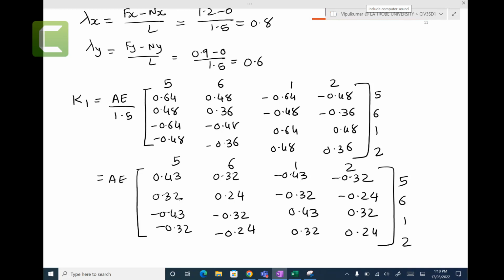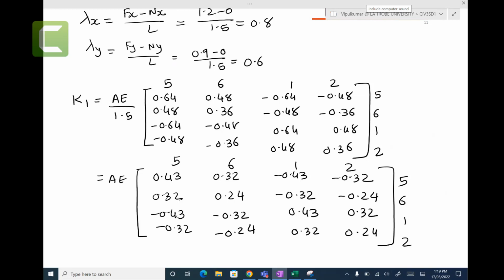But I know from the lectures yesterday that we have 1 over AE when we do the inverse matrix, and we have AE here, so they cancel each other when we do the displacements. We will see; if it is required, we will plug it in later. There will be huge numbers if I put AE here, and I can't write them in the matrix.